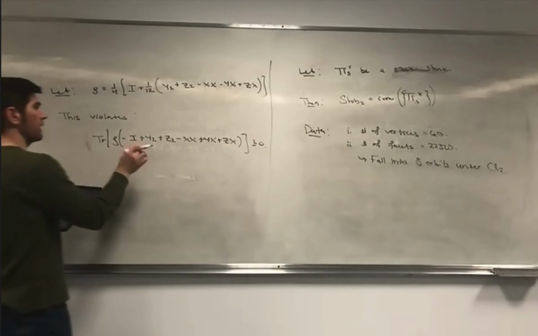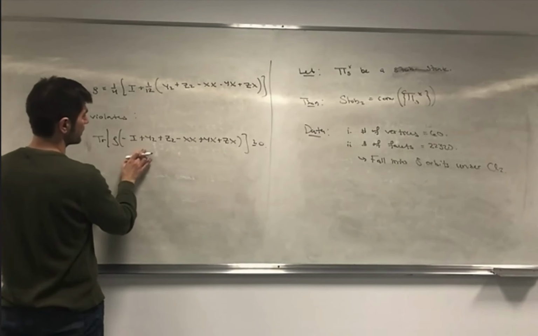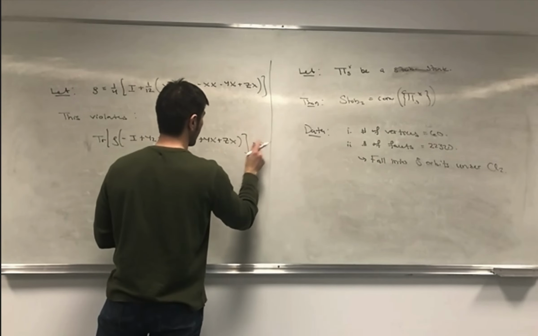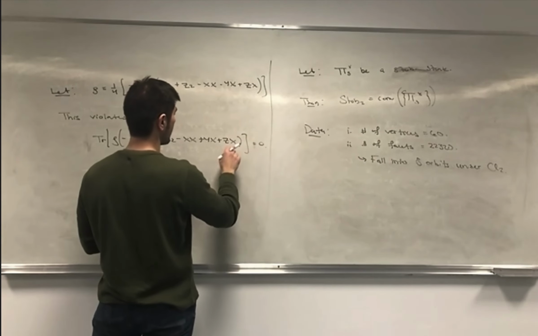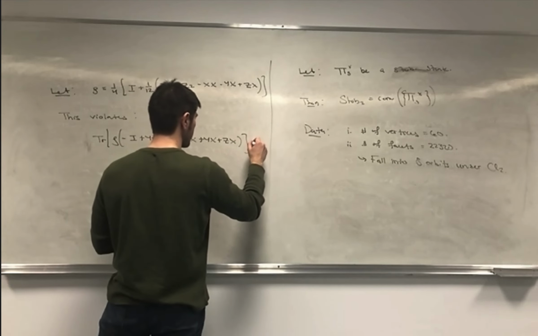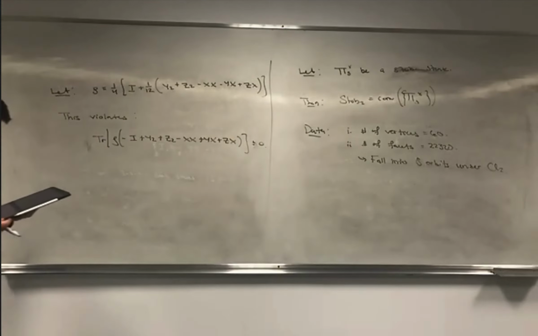So this is one of the, so if I set this equal to 0, that would be a facet. This would lie on a facet of the stabilizer polytope, and anything that satisfies this in general will just be less than or equal to.